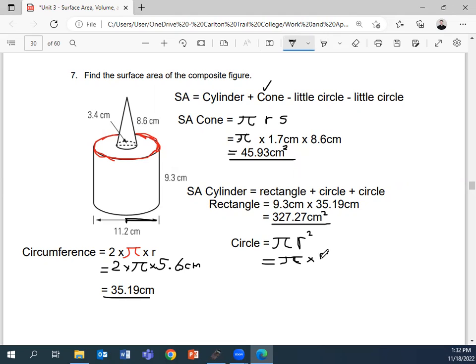You're not Hannah, but yes, it's 5.6 centimeters. No worries. And remember, I'm squaring this whole thing, so I have it in brackets. Because if you just put it right here, you're not going to know that you're squaring the whole thing. So to punch this in my calculator, it is 5.6 times 5.6 times pi.